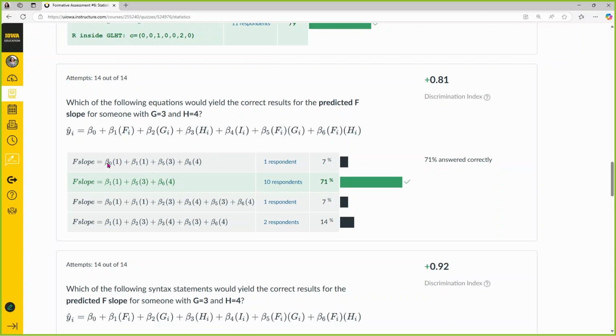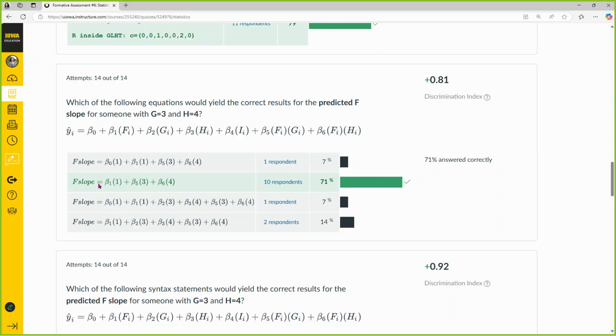And if I come down and I start looking at my choices, the first one and the third one say we want to use the intercept. You told me earlier, no, because we're finding slope. So those are gone. So we're down between the second and the fourth.